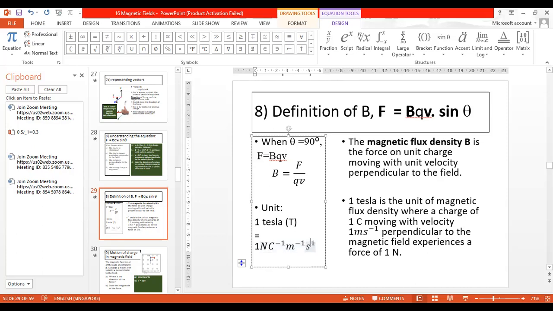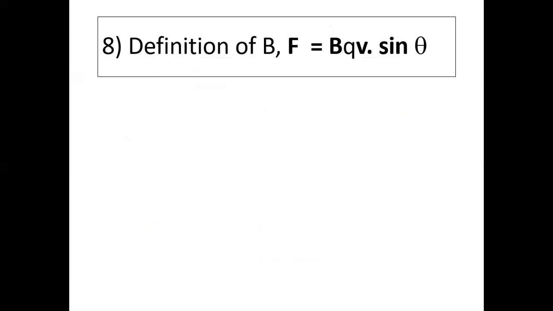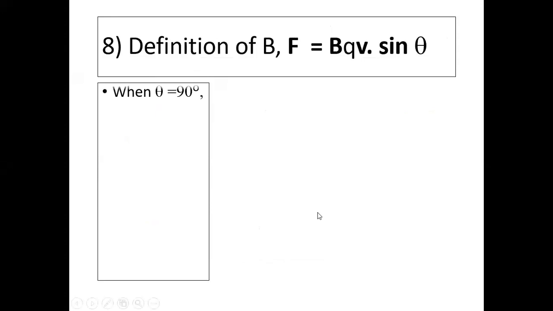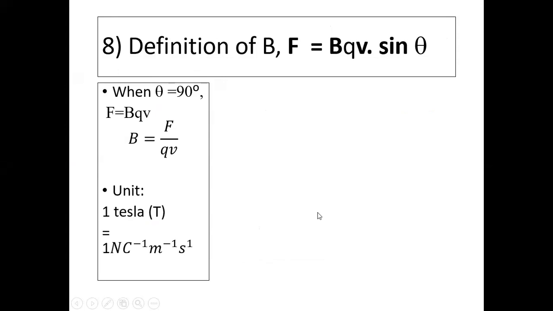Or you can simplify it further. I think they won't test you on units. Unit is your first semester work. So you can just put 1 T only. T is enough already.